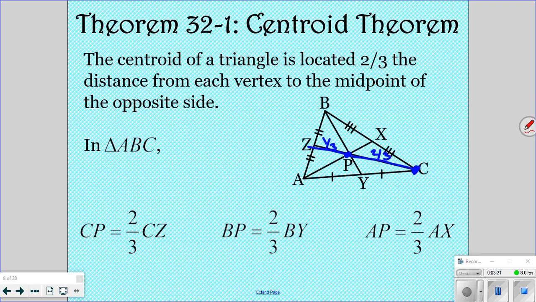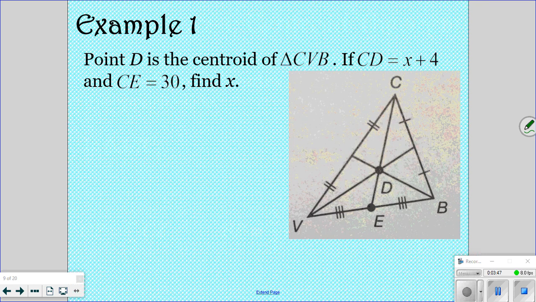So if you look at another median, this part here is the 2/3, and this part here is the 1/3. And then if you look at the other one, AP is 2/3 of the whole thing, and so this other part is the 1/3. So if y'all need to pause the video and write that down, y'all can. I'm about to go on to an example.